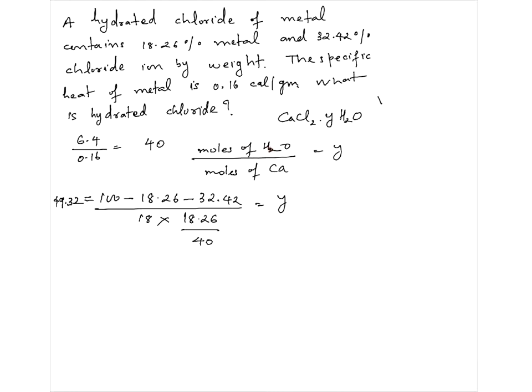So moles of water will be 49.32 over 18. Then moles of calcium would be 18.26 divided by 40. That should be Y. Just calculate this. See how much you are getting for Y.